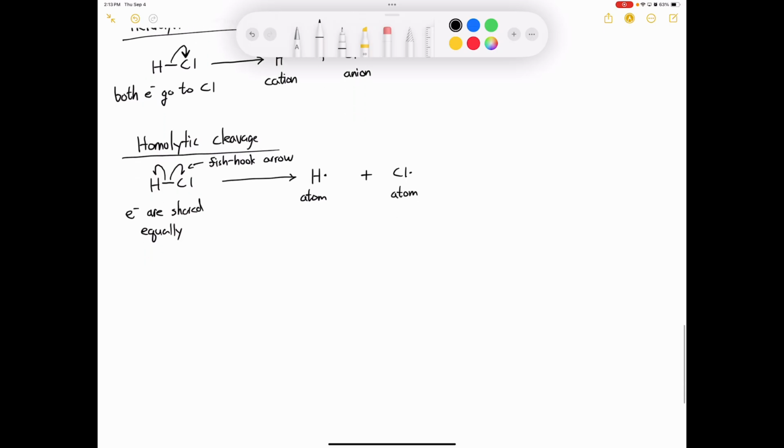So you have this case where it's a polar compound, and then you can also have a case where it's nonpolar, like an alkane here. This will split like this, and now you have a molecule with an unpaired electron and a hydrogen atom again.